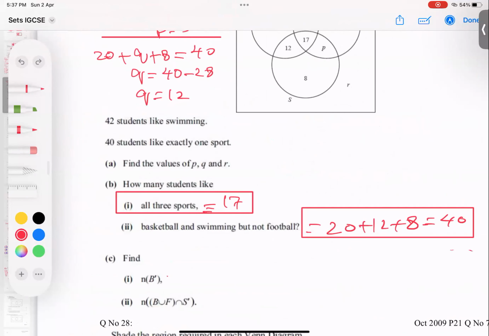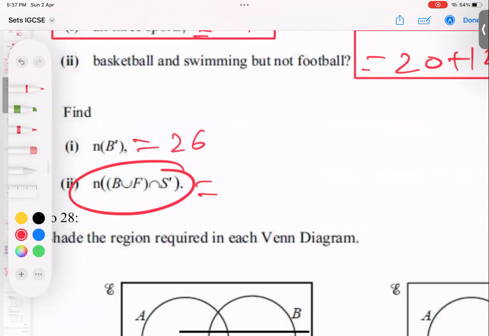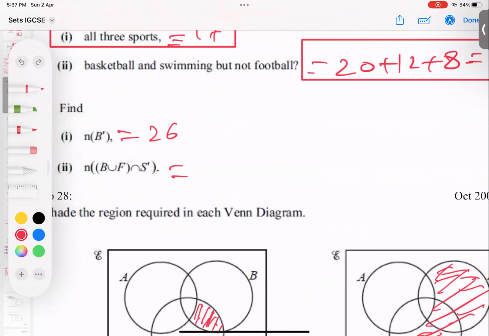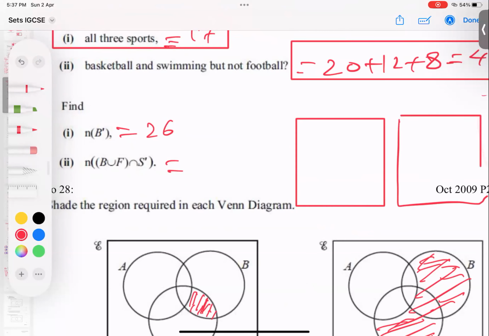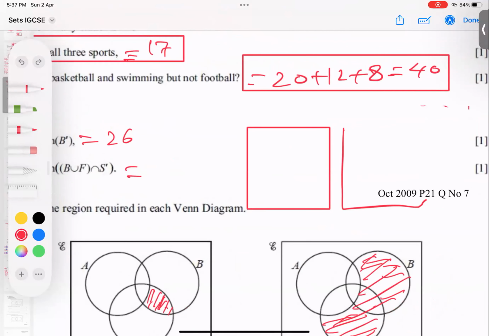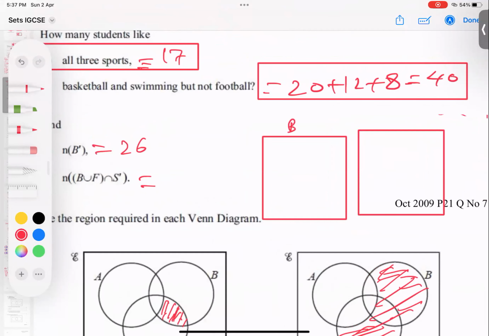Alhamdulillah Rabbil Alameen. And now this part is a little tricky. If you are stuck and you don't know what to do, again, same magic, same technique. Wait a minute. Inshallah, I believe you'll understand. B union F comes here, S complement comes here.